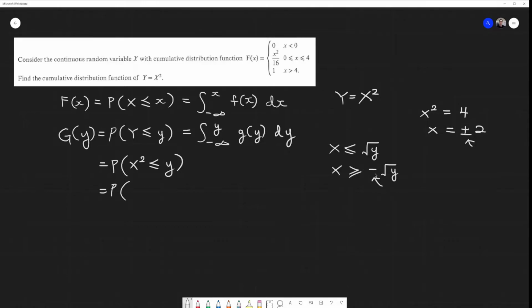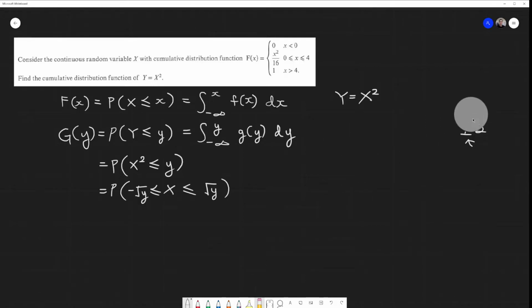So whenever you multiply by a negative number, you have to flip the inequality, which is what's happening here. So we can combine these two inequalities, and that's going to give us x is less than or equal to square root of y, and greater than or equal to negative square root of y, like so.